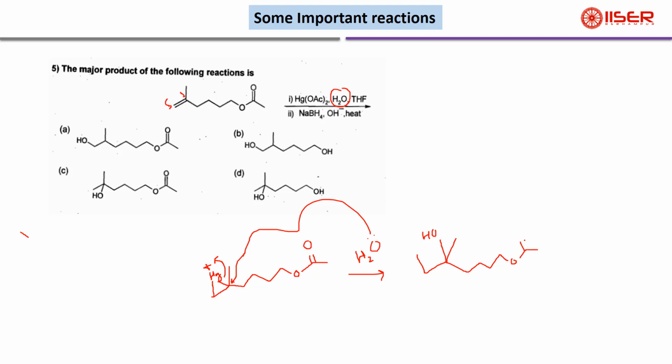After that, in the next step, in presence of NaBH4, what will happen? This carbon mercury bond will be replaced by hydrogen. Moreover, this ester will be reduced and form an alcohol.